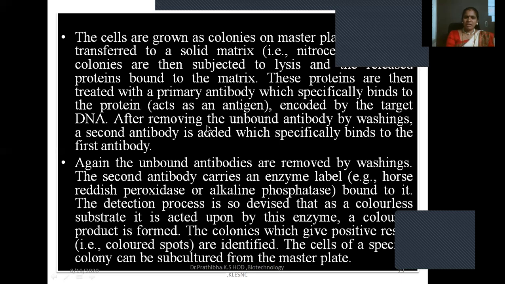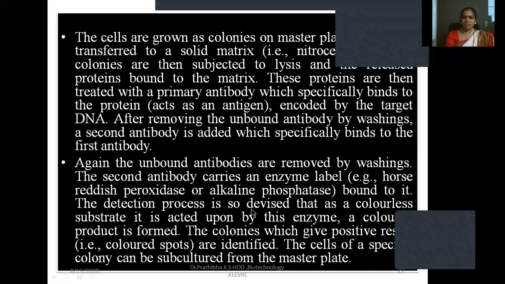After removing the unbound antibody by washing, a second antibody is added, which specifically binds to the first antibody. Again, the unbound antibodies are removed by wash buffer through washings. The second antibody carries an enzyme label, for example, horseradish peroxidase or alkaline phosphatase, bound to it.